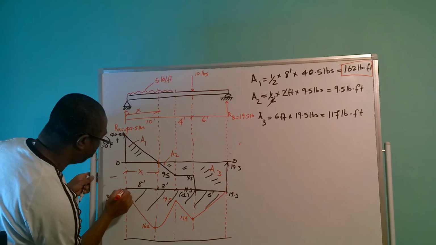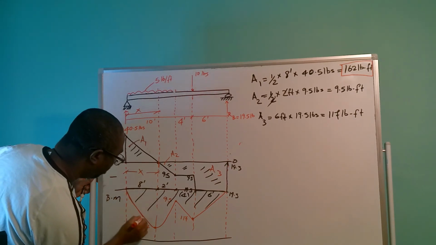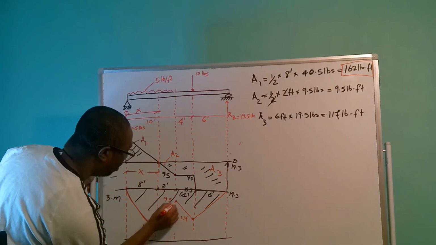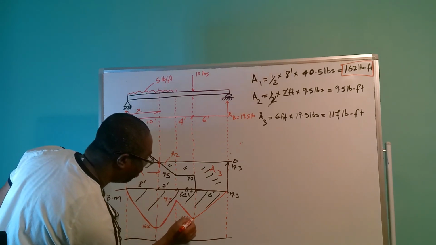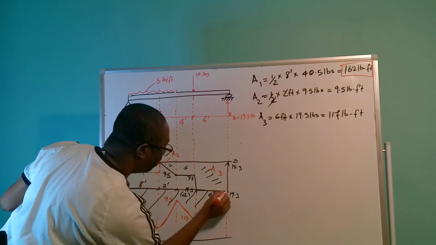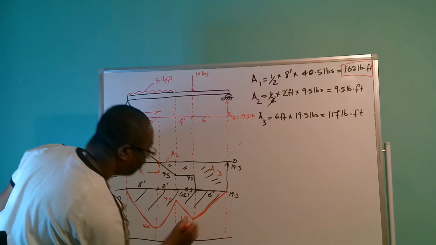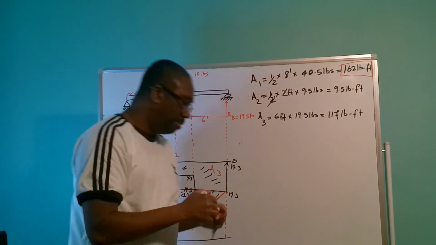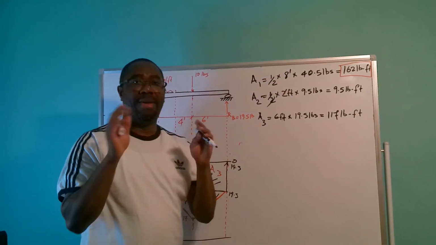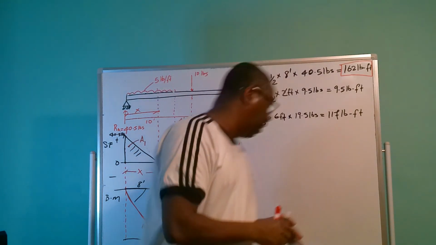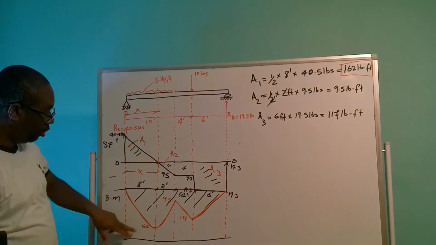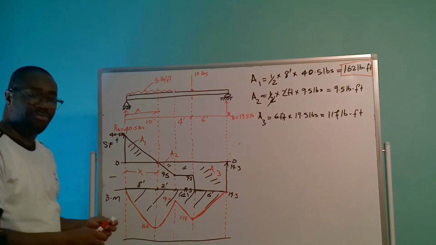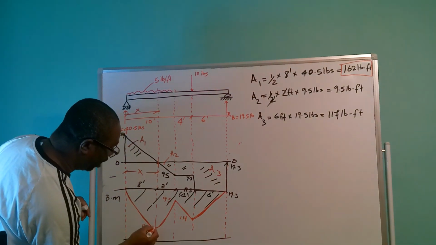Let me redraw it. So that is our bending moments diagram, and the maximum bending moment is going to be 162 pounds foot, which is going to be right at this point here.